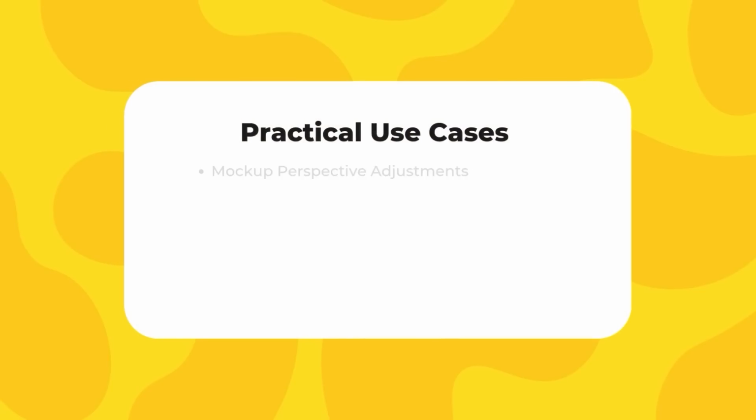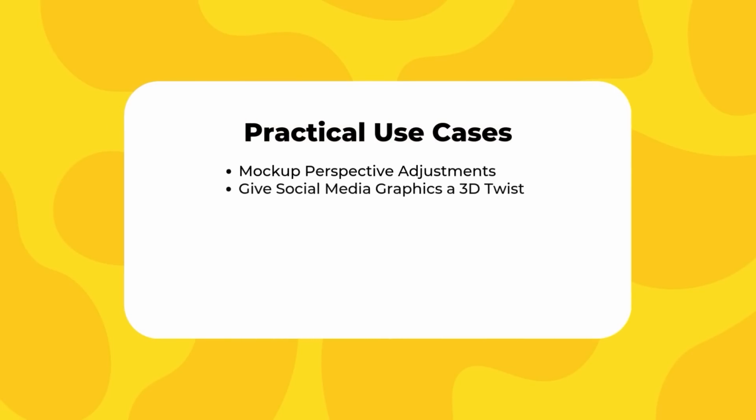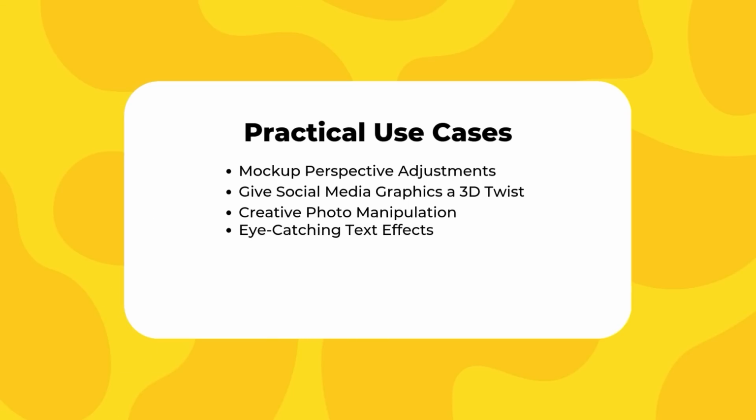So we've seen the mockup perspective adjustment. You could give your social media graphics a 3D twist, okay, by skewing the image that you put in your post and give it like a 3D effect. Creative photo manipulation, so you could distort some part of your designs, maybe some buildings you are working with, make them taller or make them look different, basically manipulating the images. Could create some eye-catching text effects, okay?